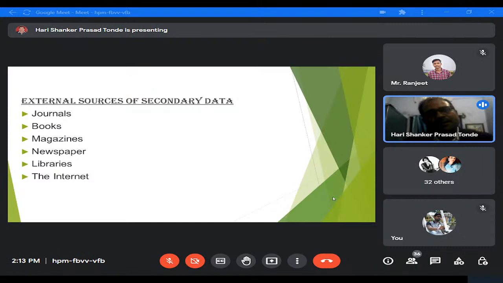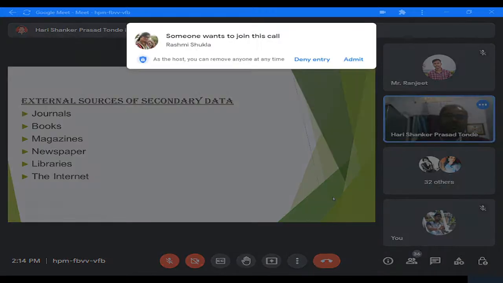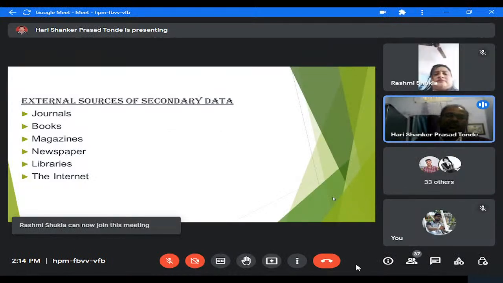Now the point that comes is the external sources of secondary data. What are the various external sources from where we are going to get the data? These are journals, books, and magazines. Newspapers are also very important. A newspaper provides various types of pictorial data and pointed data which are useful to us.